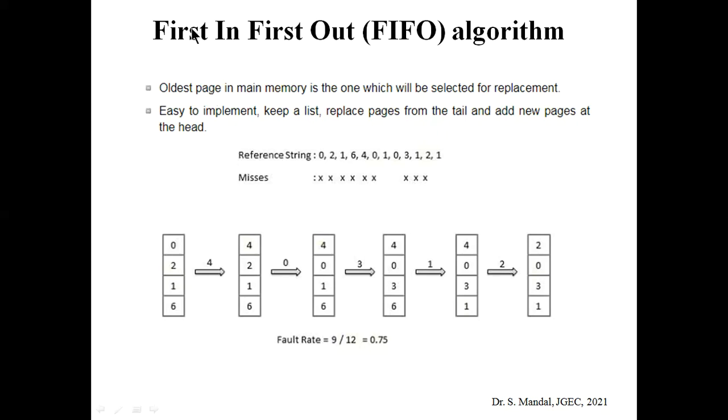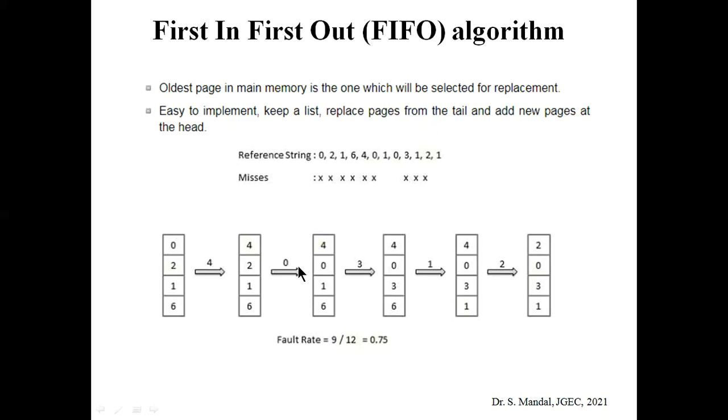For this purpose we use the first in first out algorithm. As per the FIFO algorithm, we need to select the page which is the oldest one. Which one is the oldest? Obviously 0 was loaded first.